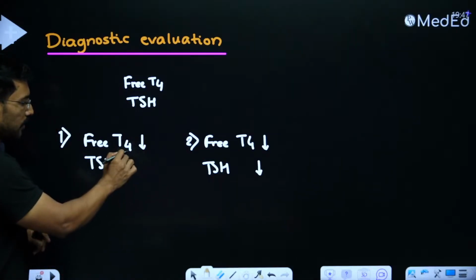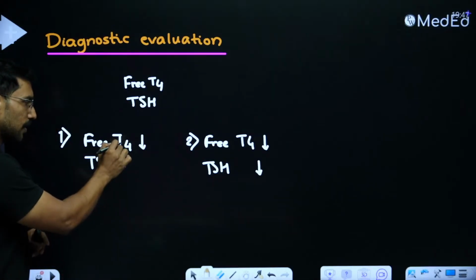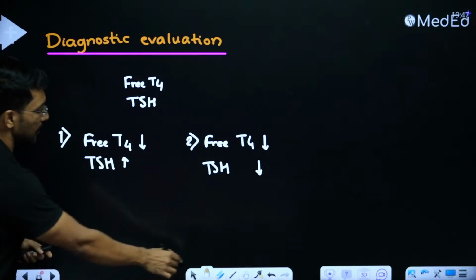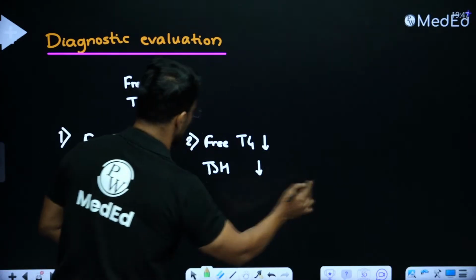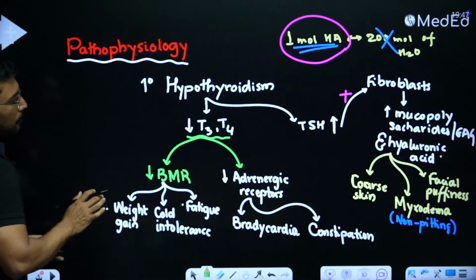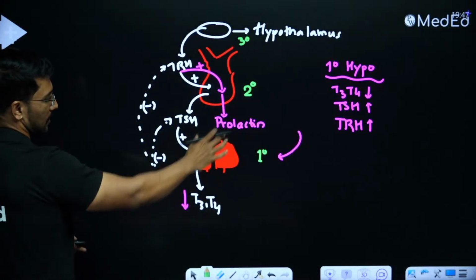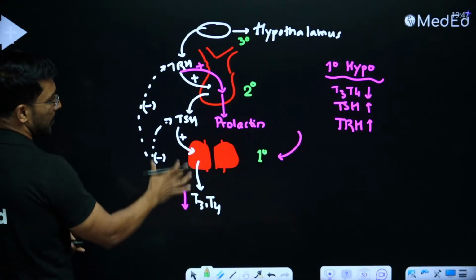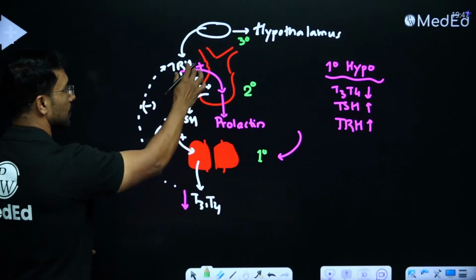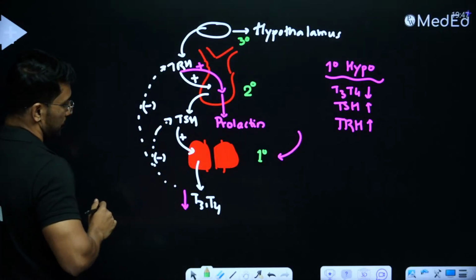Where T4 is low, the reason for T4 being low is not TSH being low. So where is the problem? Here, at the level of the thyroid gland itself. The thyroid gland is not able to work properly, so that's why I have decreased T3 T4. But to compensate for that, to make the thyroid gland work more, TSH is going up, TRH will also go up.